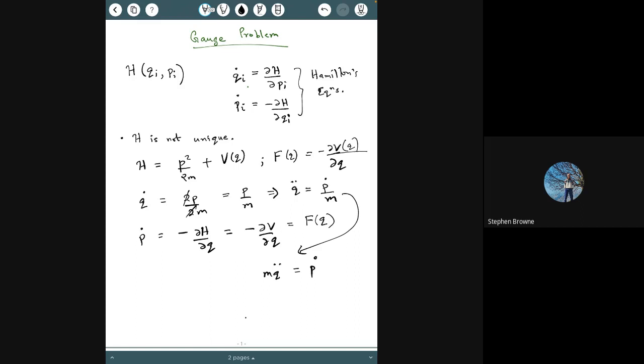You can already see this is Newton's second law of motion, that mass into acceleration is the rate of change of momentum. But we can go a step further, and p dot is basically F(q). So force is equal to m a. That is Newton's second law.